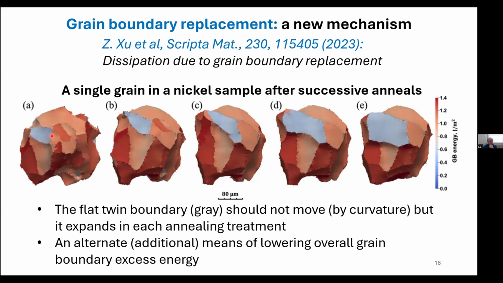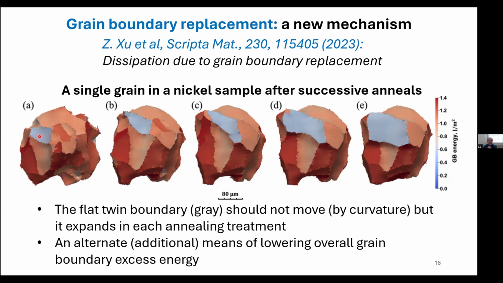The point to focus on is this gray boundary here, which has a low interfacial energy compared to the other boundaries that you can imagine are present here. Each one of these, when the color changes, you're looking at a boundary between a different neighboring crystal.